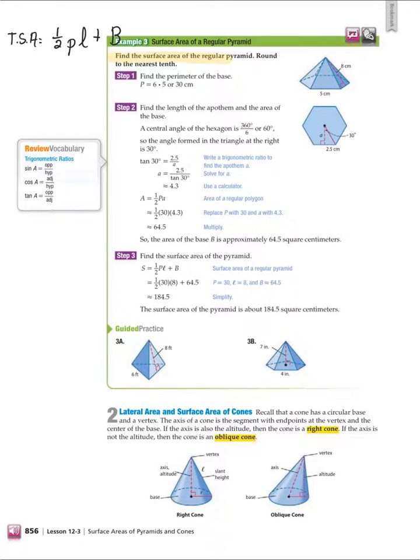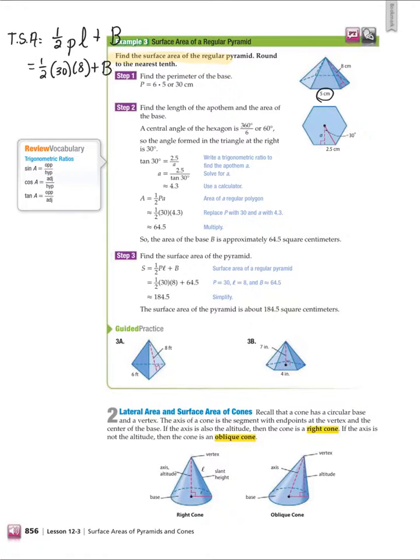Now let's see what we have here. We can find our perimeter, can't we? Because we have a 6-sided figure. It's a regular figure. Each side is 5, so we know that we have a perimeter of 6 times 5 or 30. And we also know our slant height, it's given to be 8.